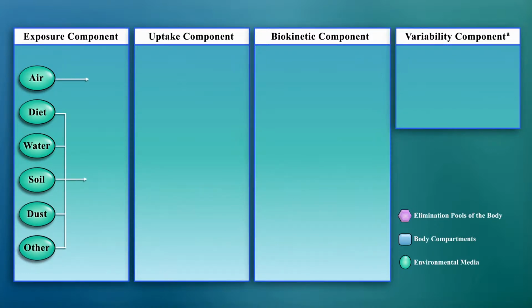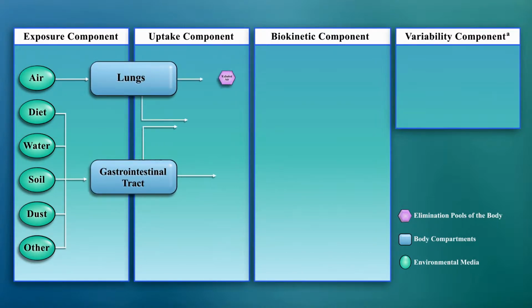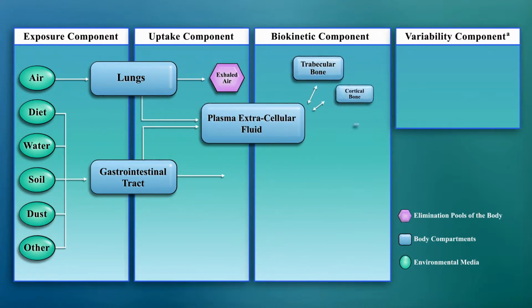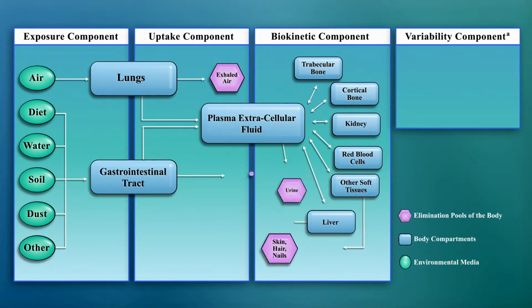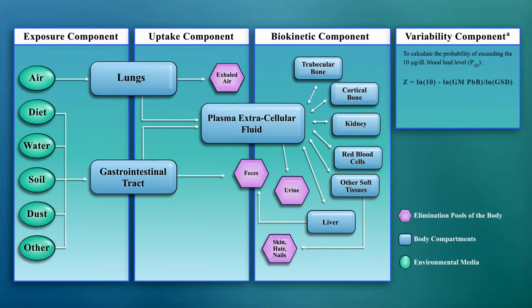Uptake is the movement of lead into the body through the lungs and gastrointestinal tract. Biokinetic is the movement of lead between body tissues and excretion of lead from the body. And variability is the blood lead distribution associated with interindividual and biological variability.